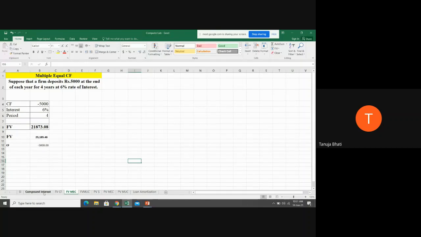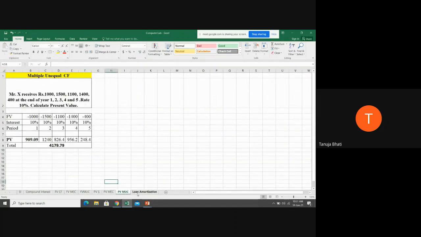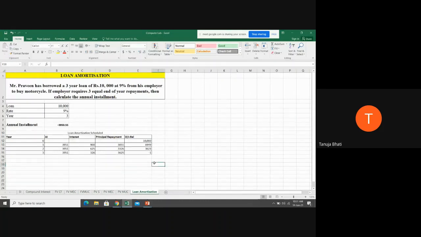Did everyone understand all the problems on compound and simple interest and present and future value and loan amortization using Excel? Yes, ma'am.